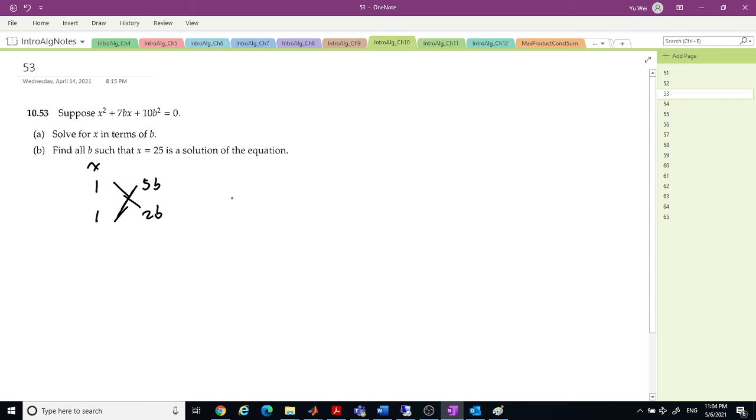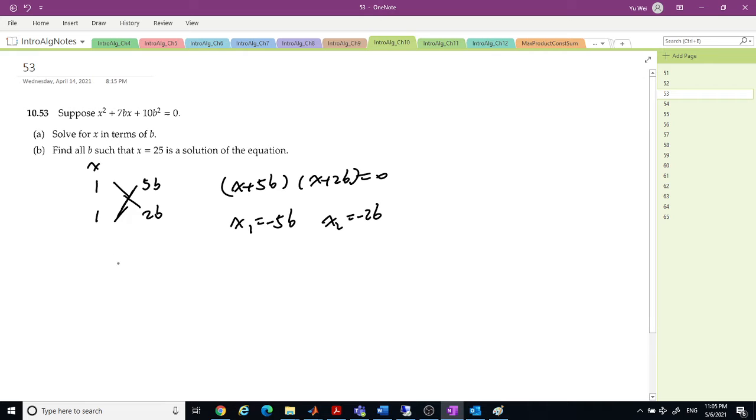So now we have (x plus 5b)(x plus 2b) equals 0. So we can solve for x in terms of b: x1 equals negative 5b, x2 equals negative 2b. Then find b such that x equals 25 is a solution of the equation.